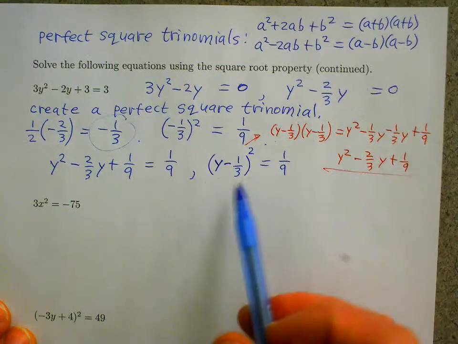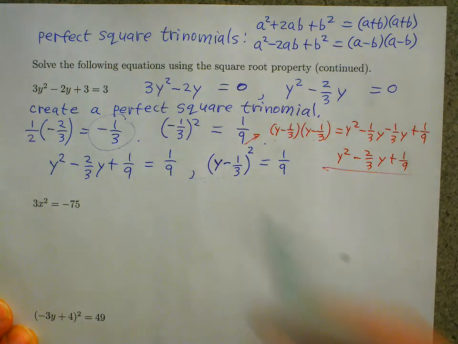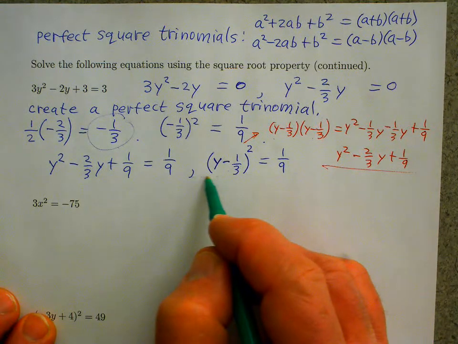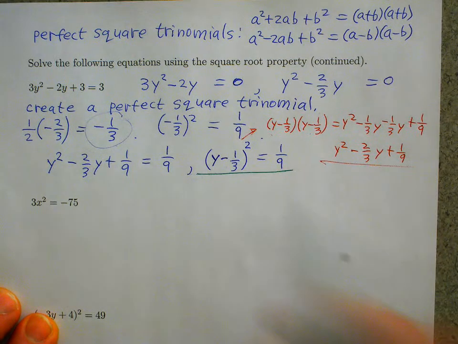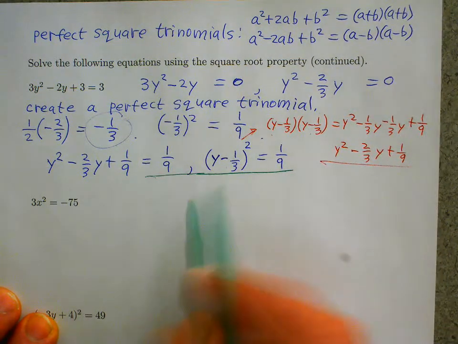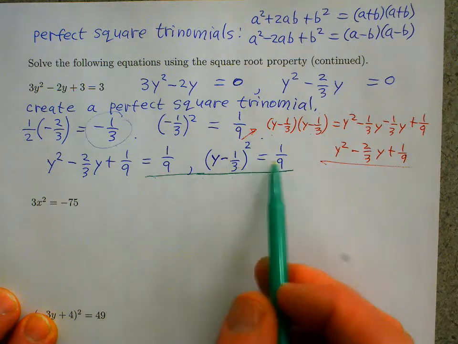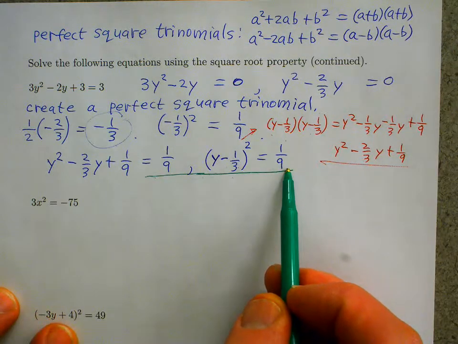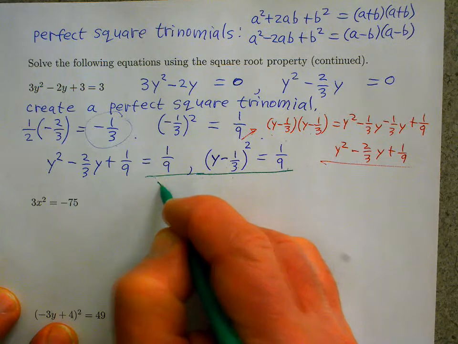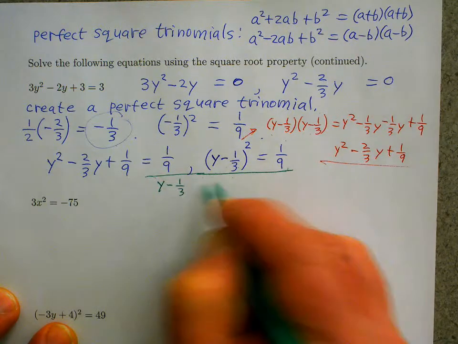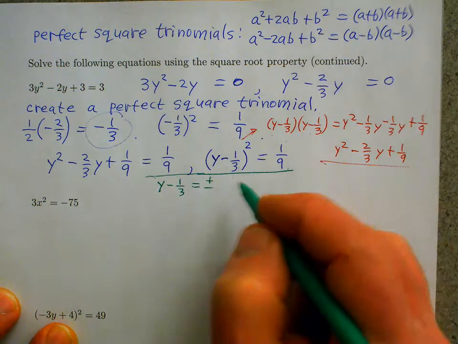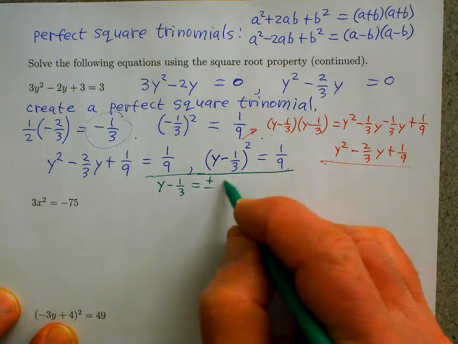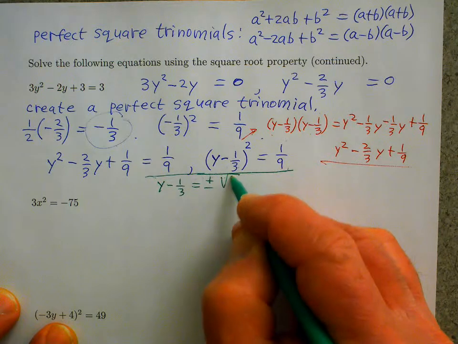Okay, now we can solve the equation by applying the square root property. So I can probably squeeze that in down here. y minus 1/3 quantity squared equals 1/9. Applying the square root property, we get y minus 1/3 equals positive and negative square root of 1/9.